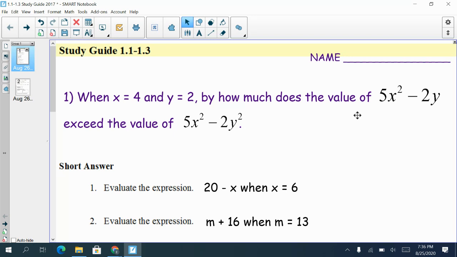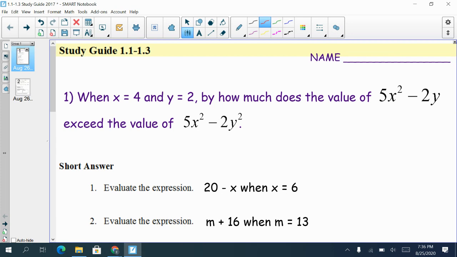So the first question: when x equals 4 and y equals 2, by how much does the value of 5x squared minus 2y exceed the value of 5x squared minus 2y squared? So I'm going to plug this into both.